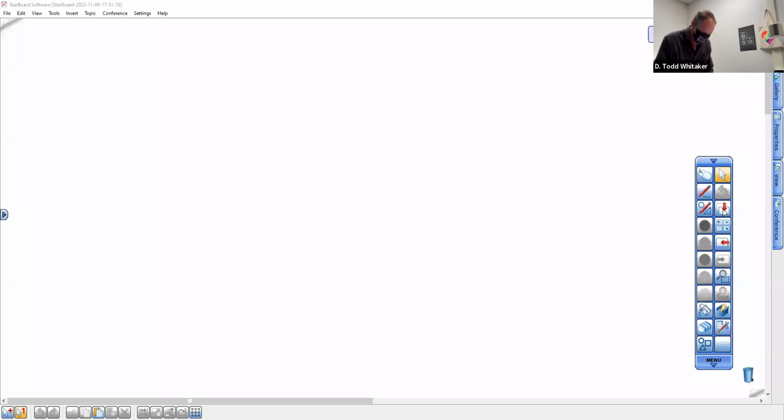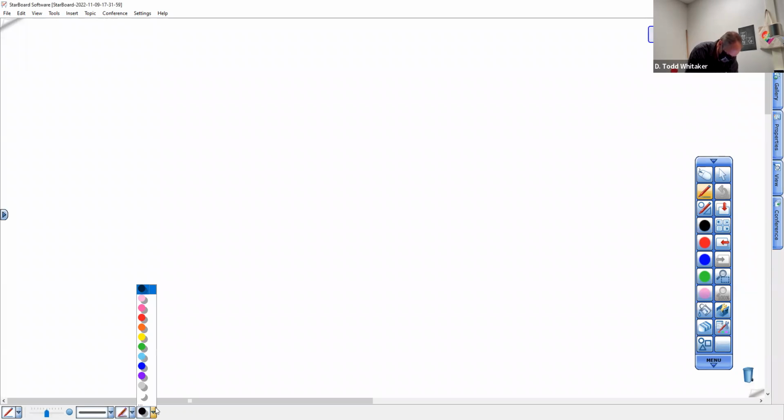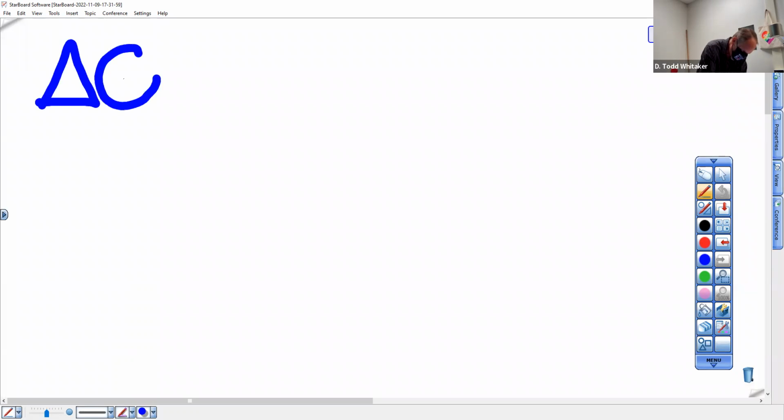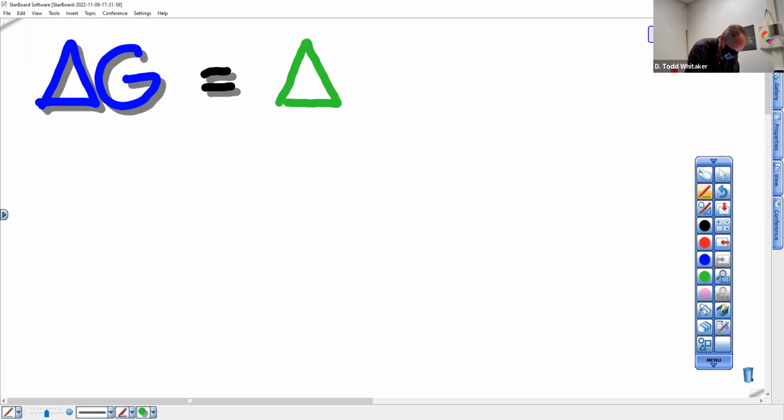There's something called the Gibbs free energy equation. It's new to a lot of us in here. And it goes like this. Delta G equals, and the thing we were calculating the last day was this, right?